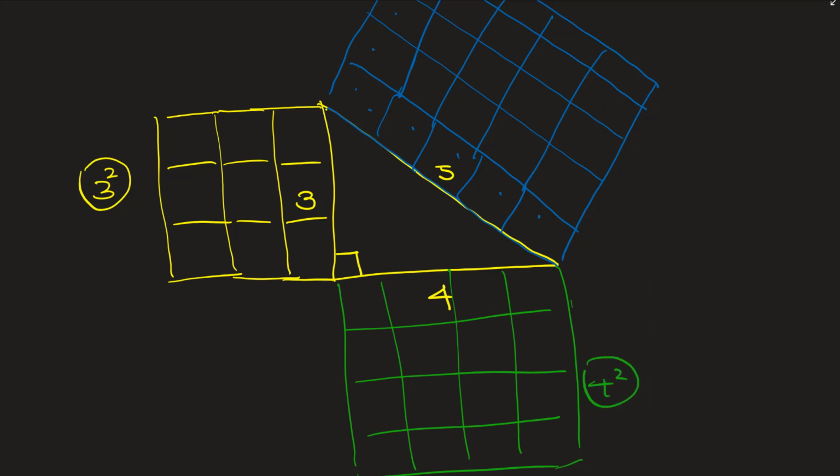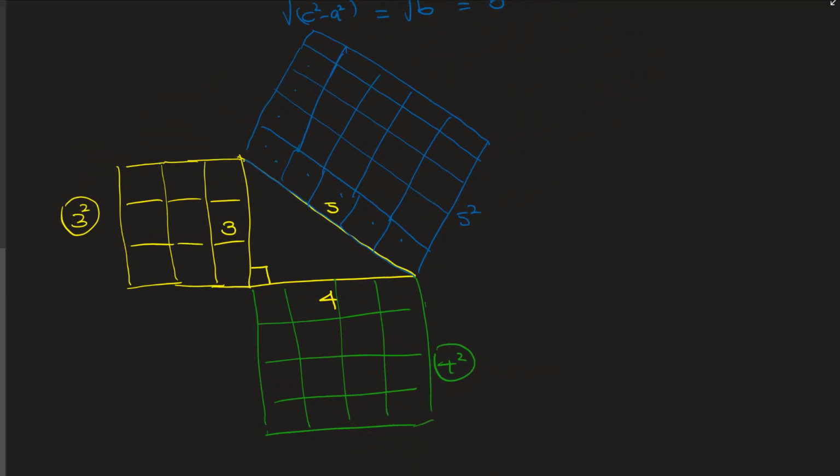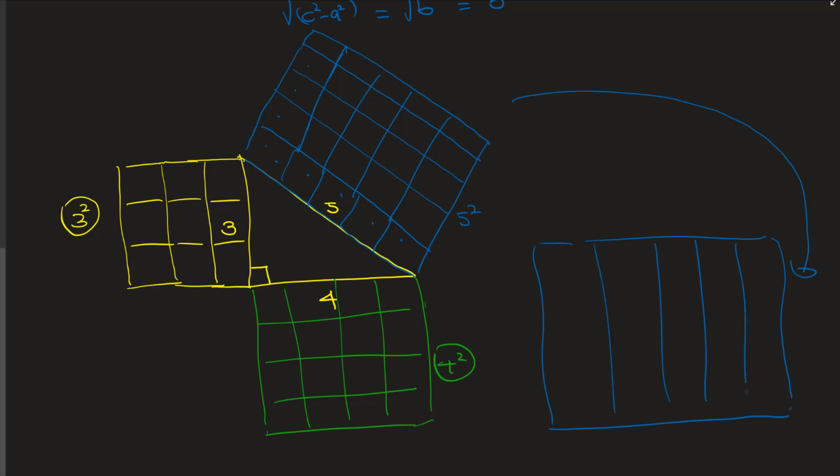So that's the idea. If you can see it that way, now we can actually see, like I showed, 5 squared is equal to 3 squared plus 4 squared. We can see in this picture that 25 squares, which is 5 squared, is equal to the sum of the other 2 squares. So the blue squares, 25, is equal to the 16 of the green and the 9 of the yellow, right?